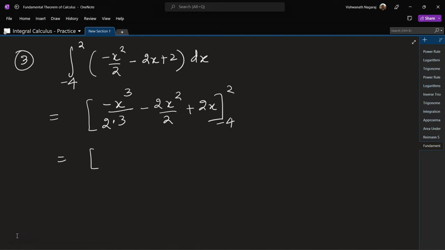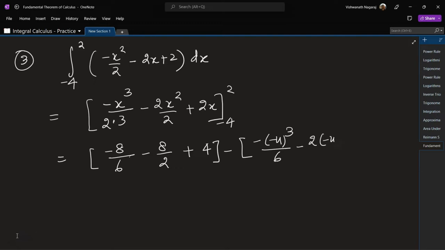This gives us minus 2 cube is 8 by 6, minus 2 square is 4 times 2 by 2, plus 4, minus F of a, that is going to be minus minus 4 cube by 6 minus 2 times minus 4 square by 2 plus 2 times minus 4.